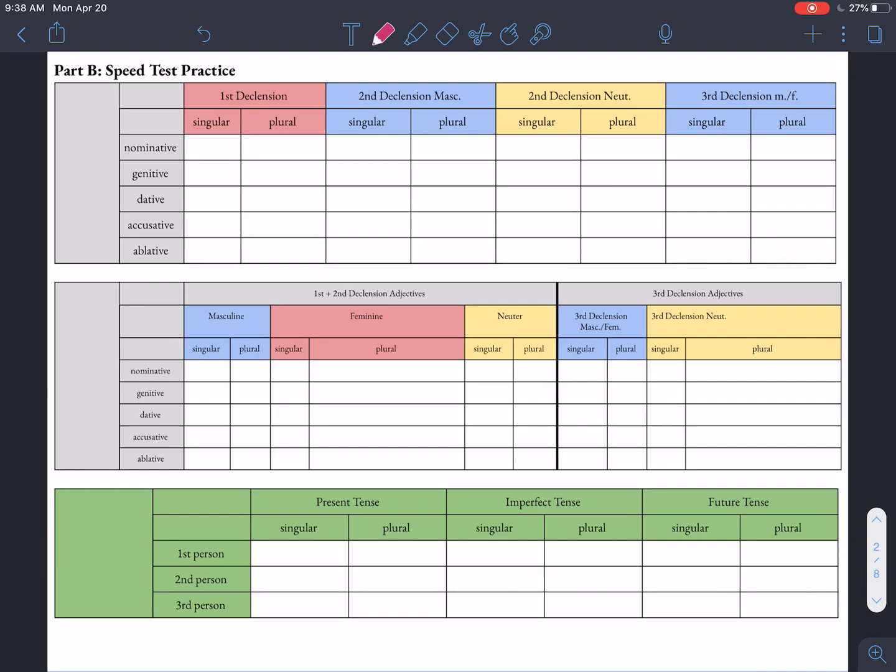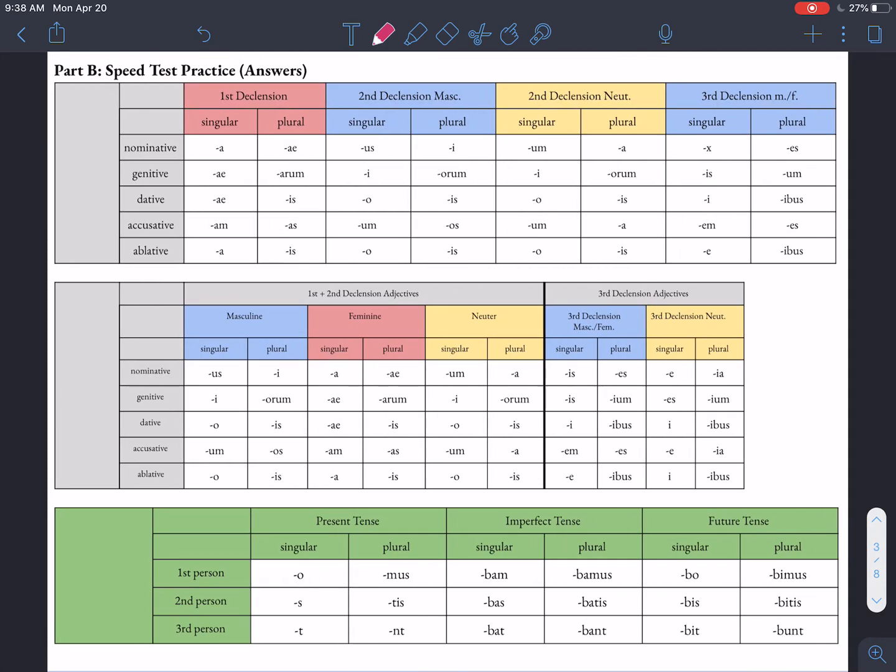And welcome back. The answers are here. If you'd like to pause it on the screen so that you can have more time to check your answers, please do so. But if you are ready, we're going to do our Latin chants together now.